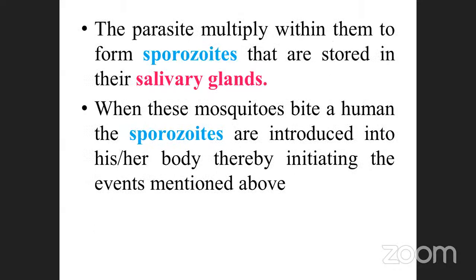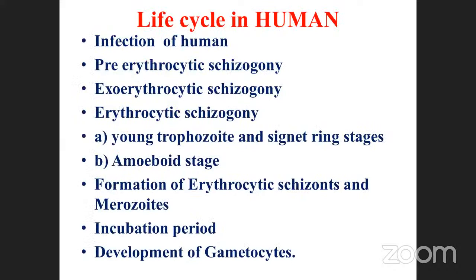Okay, how it develops in the salivary gland and also in the RBC. So they need 2 things, and this occurs in the mosquito's salivary glands only. After that, it enters into human beings. These are the steps involved for the microorganism, isn't it? We already discussed that one by one.